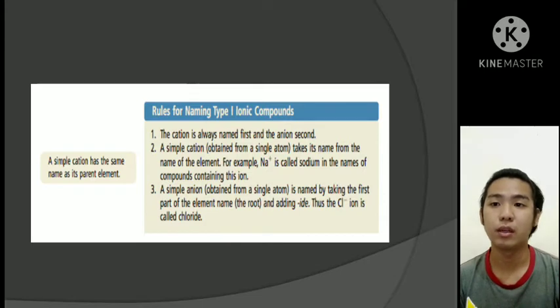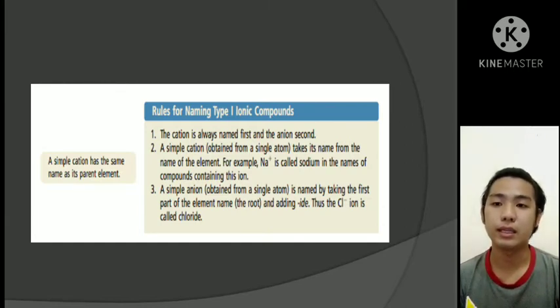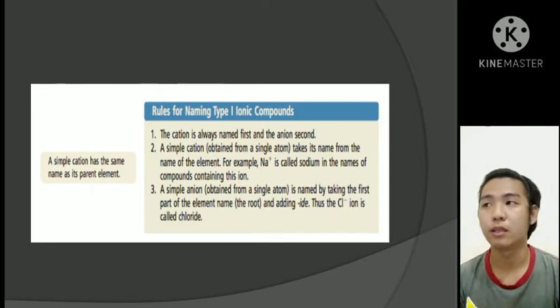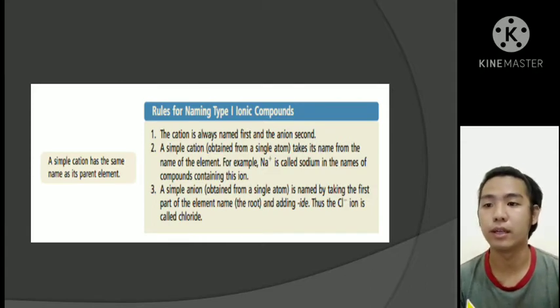For example, Na+ is called sodium in the names of compounds containing this ion. Number 3, a simple anion obtained from a single atom is named by taking the first part of the element name, the root, and adding IDE. Thus, the Cl- ion is called chloride.